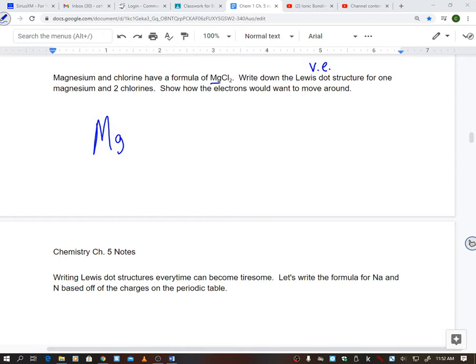I'm going to look and see how many valence electrons magnesium has. It has 2. I'm going to do these in different colors. It says to do 2 chlorines, so I'm going to put chlorine here and here. How many valence electrons? It has 7. So I'm going to go 1, 2, 3, 4, 5, 6, 7. 1, 2, 3, 4, 5, 6, 7.